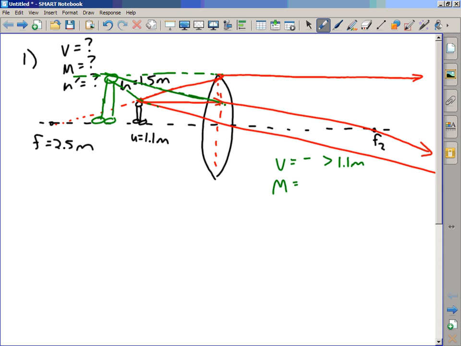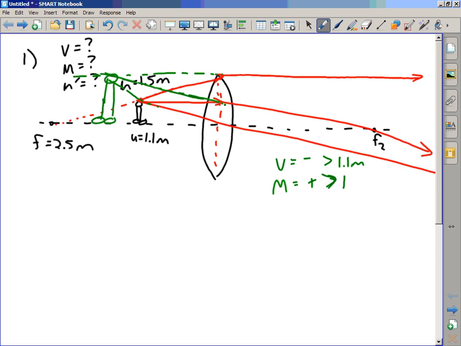Okay, magnification. Should be positive. And bigger or smaller than 1? Bigger than 1, greater than 1. That means that this is going to be a bigger object, right?